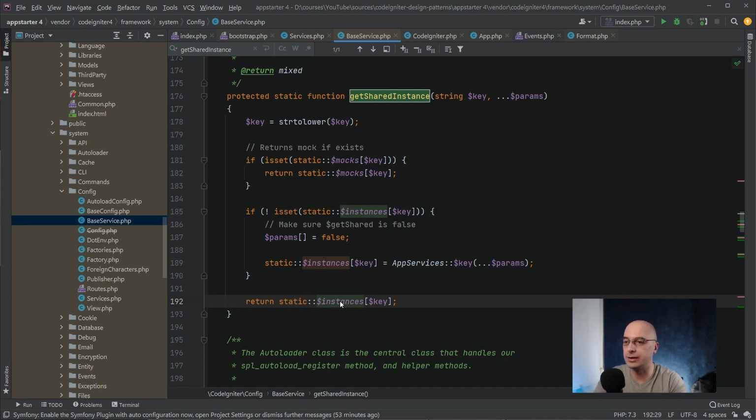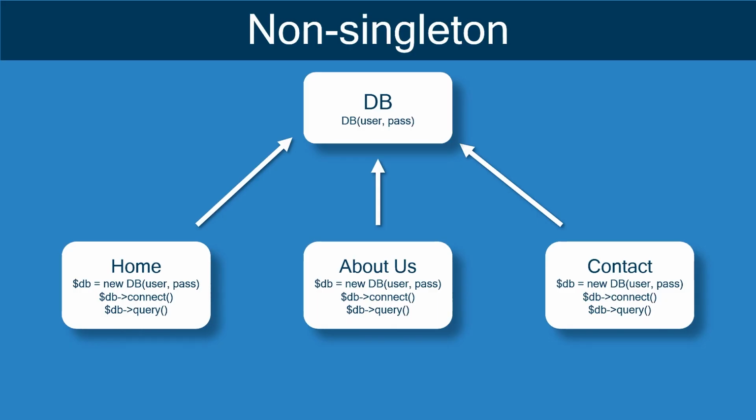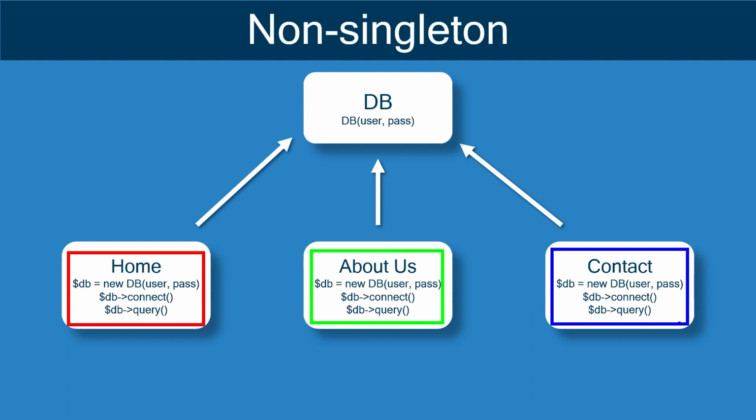So without using singletons, each of our objects would create a separate instance of, say, database. We might have one database created in the home controller, on the home object, then another in the about us, and then another in the contact module. And connection to database is an expensive operation, meaning it takes a lot of resources. And without the database being a singleton, we would then use a lot of resources unnecessarily connecting to the database multiple times.